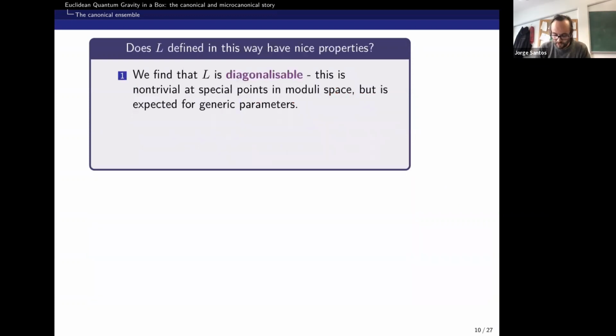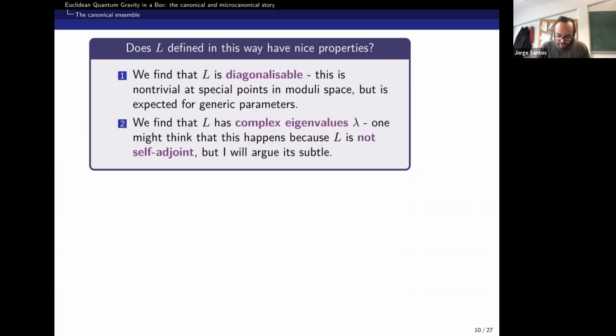So let us imagine you do this. Does this L satisfy nice properties? I'm not Wick rotating whatsoever at this moment. And it does. One is that L is diagonalizable. This is a little bit non-trivial, but not too non-trivial. It's diagonalizable, that's good. But in general, it turns out that L has complex eigenvalues.